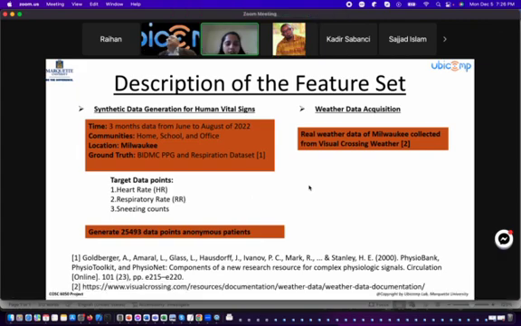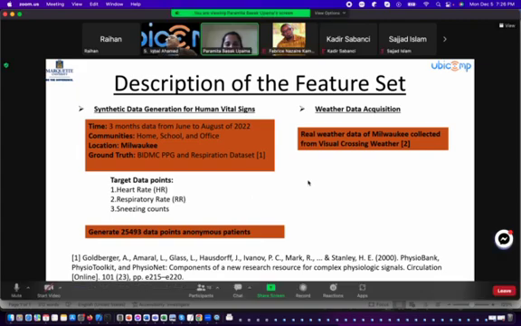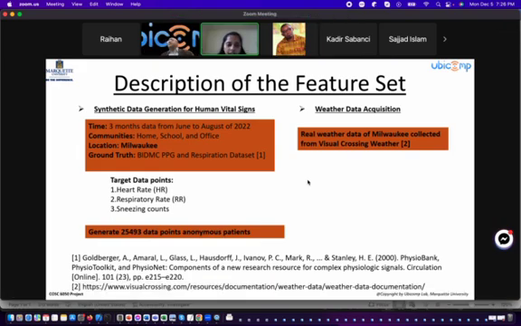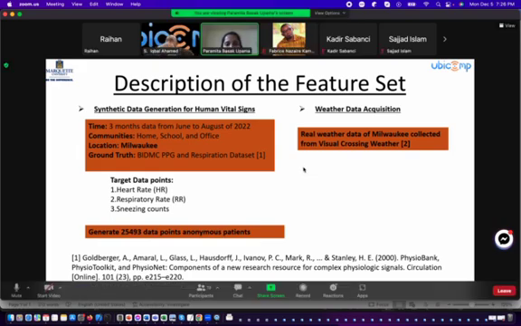And the communities or networks we are targeting are home, school, and office, where a human can reside at any time of the day. The location is Milwaukee, and we are collecting real weather data of the city for these 3 months. And we have generated above 25,000 data points from anonymous patients, and in this data set, there could be repetition of patients as well.